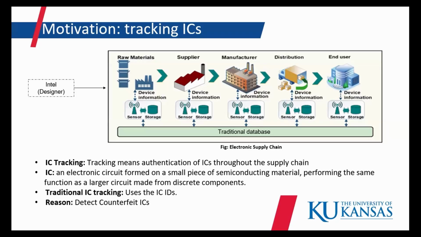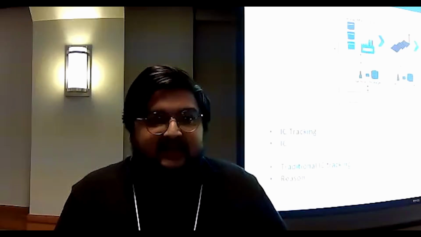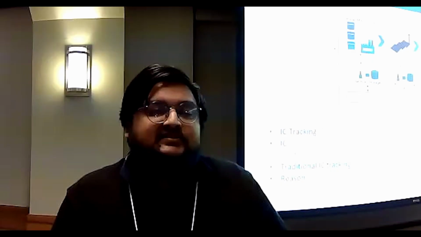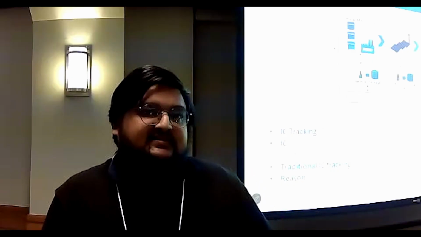But databases are simply not a good choice because it's possible to tamper with the data of an IC, and counterfeit ICs can enter the supply chain at any point. One of the major reasons they keep a record of the ICs is so that counterfeit ICs cannot enter the supply chain.